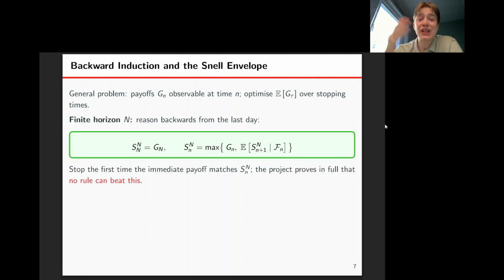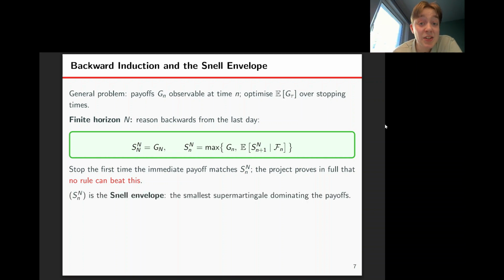Now, if we have a fixed end date, we can do something very clever, which is to define Sn, and we set Sn equal to the payoff on the final day, and we perform backwards induction, where each previous Sn is just the maximum of the current payoff today and the expected future payoff given the present information. This leads to a very simple stopping rule, where we stop the first time the immediate payoff, Gn, matches Sn. And the project proves in full that no rule can beat this. Sn is known as the Snell envelope, which is the smallest supermartingale dominating the payoffs.